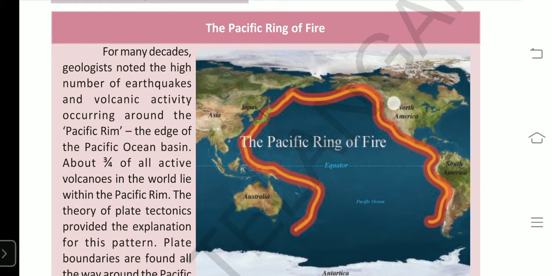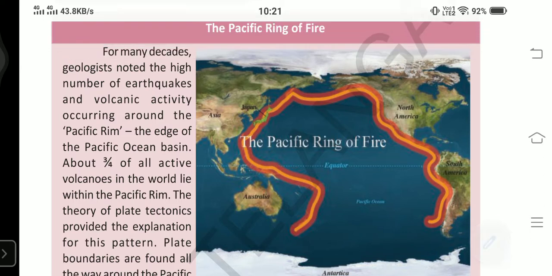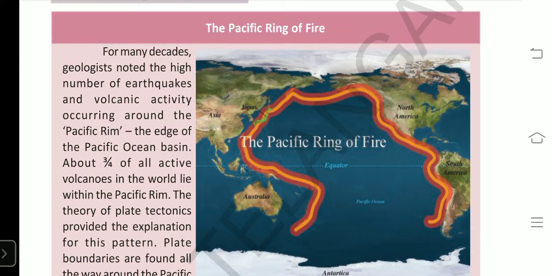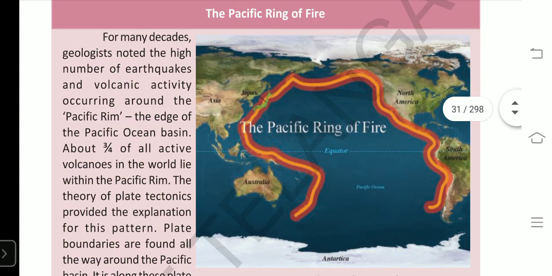Dear students, many decades ago, geologists identified a number of earthquakes and volcanic activities taking place around the Pacific rim. That means at the edge of the Pacific Ocean.